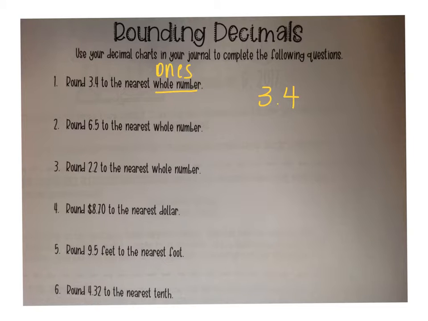Well, the lower whole number would be 3, and the higher whole number would be a 4. You can see that on your tenths chart in your journal. If you find 3 4/10, you can find the 3 on the far left side and the 4 on the far right side. And then what is 3 4/10 closer to? It's closer to 3 wholes.